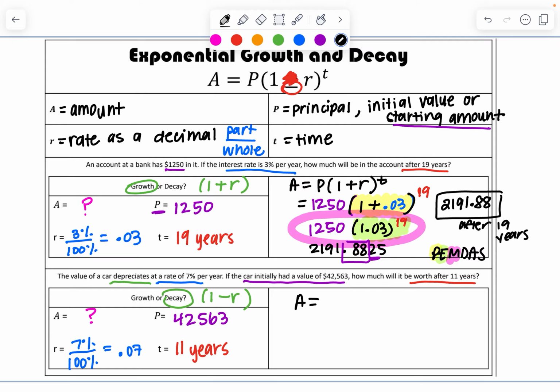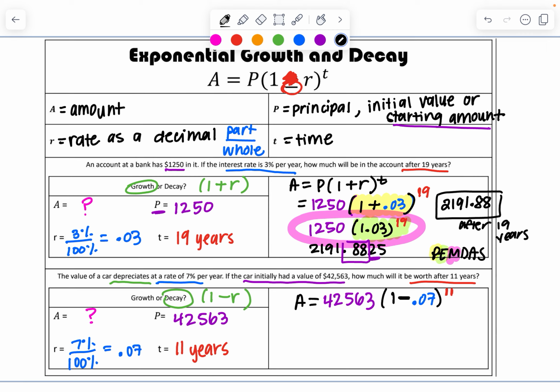Our amount is our initial value of the car, 42,563, times my base, which is, since it's decay, 1 minus my rate, 0.07. And the amount of time that I'm interested in is 11 years.